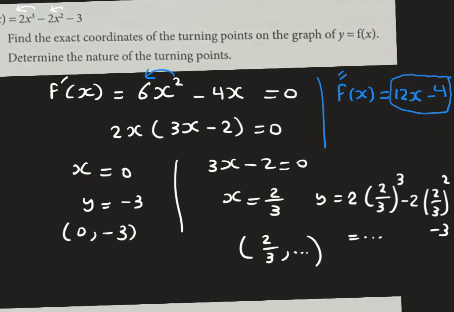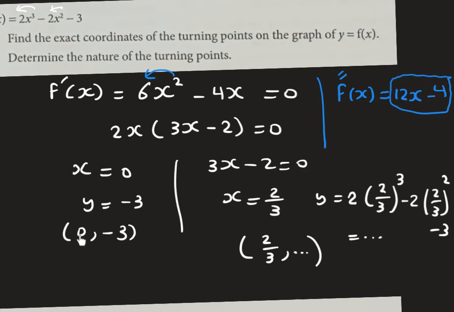So the second derivative is 12x minus 4. The second derivative means the derivative of the derivative. Now we substitute the values of x, 0 and 2 over 3, in the second derivative. If the answer is positive, this will be a minimum point. If the answer is negative, it will be a maximum point.